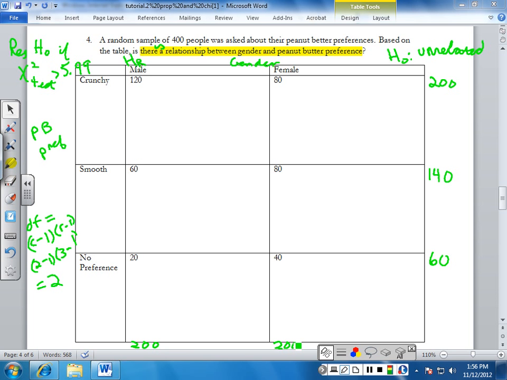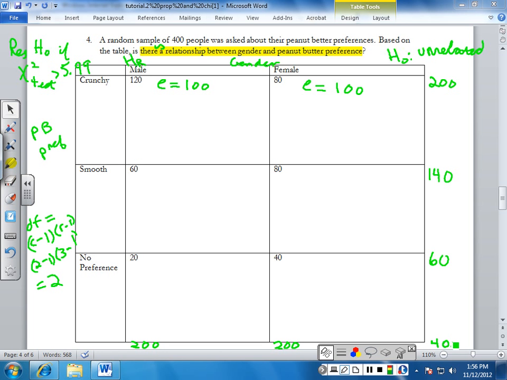And since I have a 50-50 split across columns, if there were no relationship, then I would expect a 50-50 split in each row. So expected value here of 100, expected value here of 100. Remember, if it's not an even split, take the row total times the column total divided by the overall total. The overall total, of course, is 400, just adding.